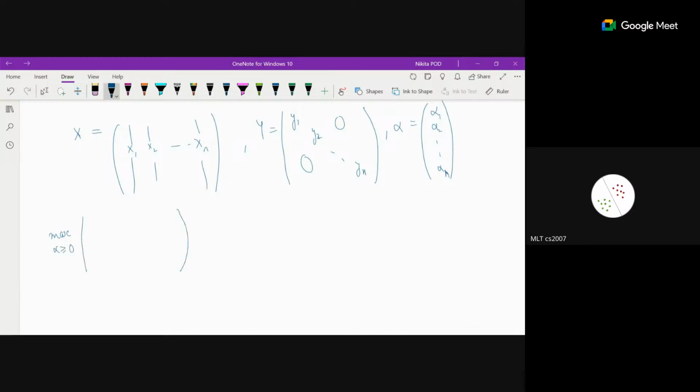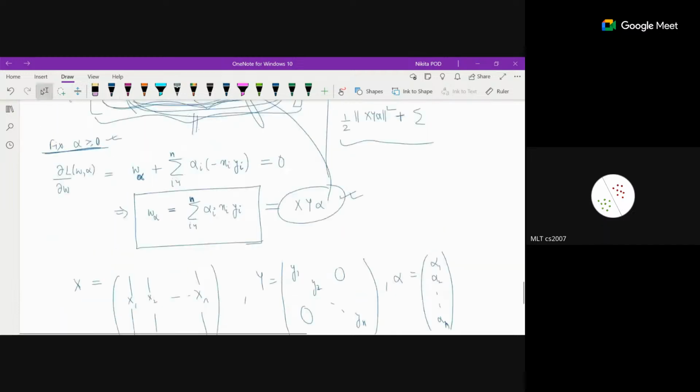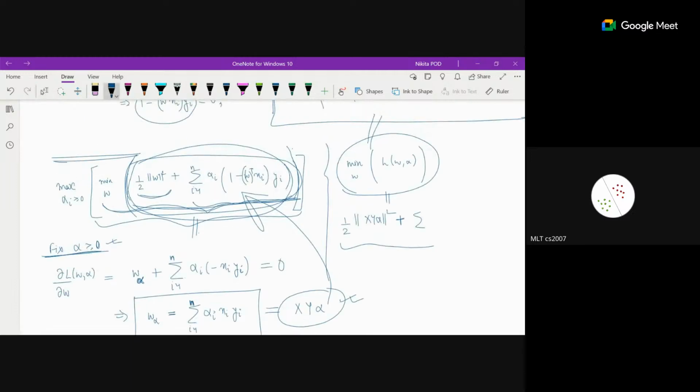So this inside term is just going to be alpha transpose this vector 1 minus 1 upon 2 xy alpha transpose xy alpha. This is what we will get once we substitute this W to be xy alpha in this equation.